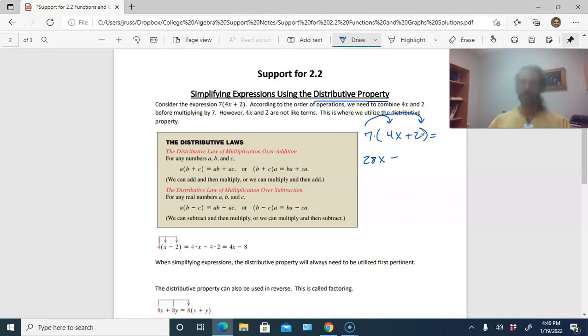So I'll put plus 14. Okay. And at this point, this is all we can do, because we're left with these two terms, but they're not like, so we cannot combine them. So you can use the distributive property to distribute a number to terms inside parentheses that are not like. And that's what this basically says in the box right here.